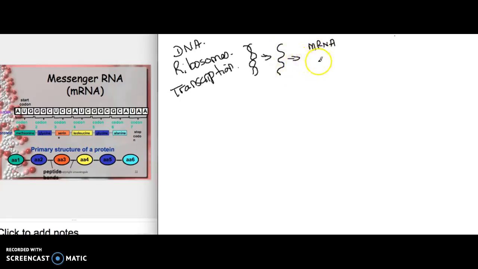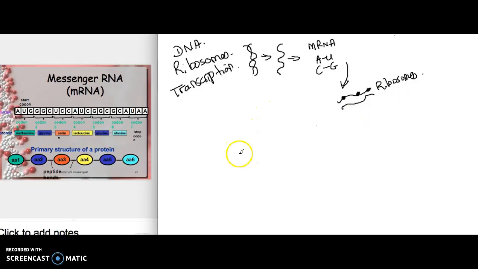Now in the mRNA, we have to remember that A pairs with U and C pairs with G. This single strand of mRNA will move outside of the nucleus and it will go to where the ribosomes are.